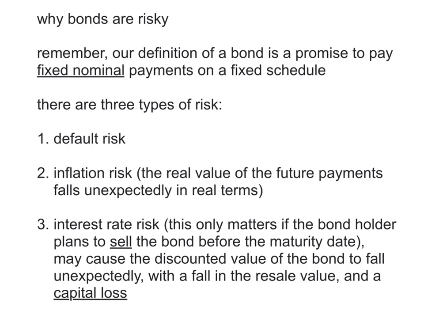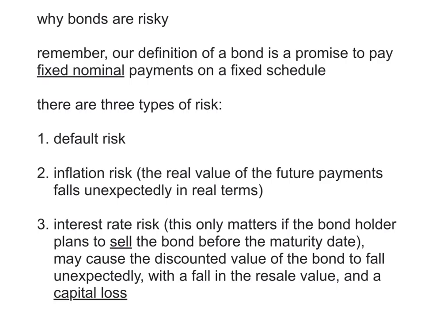Now, the textbook has an example explaining this. But the basic concept is, if prevailing interest rates in the economy unexpectedly go up or down, they affect the market value of a bond should somebody try to sell it. And depending how it goes, you could end up making an unexpected capital gain or an unexpected capital loss in the event of trying to sell the bond.